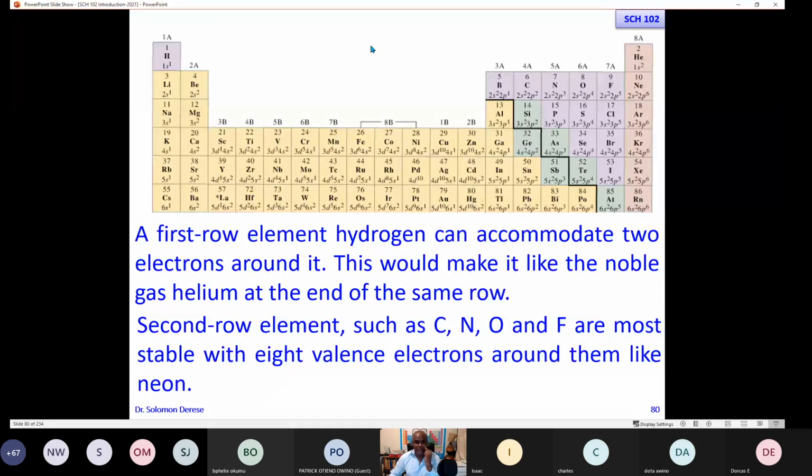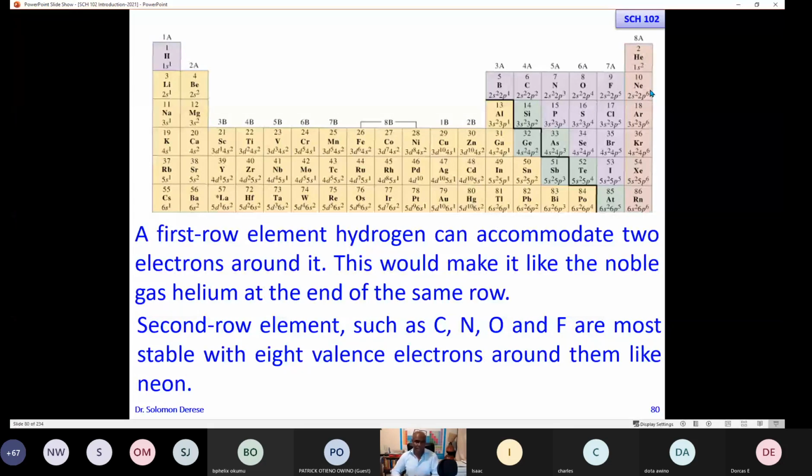However, the other elements, especially the second row elements like carbon, nitrogen, oxygen, and fluorine, are involved in chemical bonding because they want to have the electron configuration of the corresponding noble gas, neon, where we have a complete valence shell with 8 electrons.